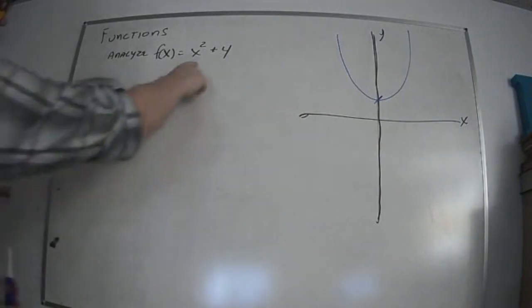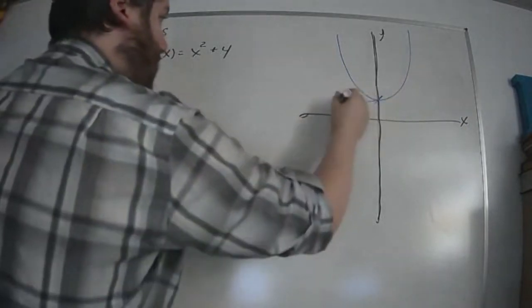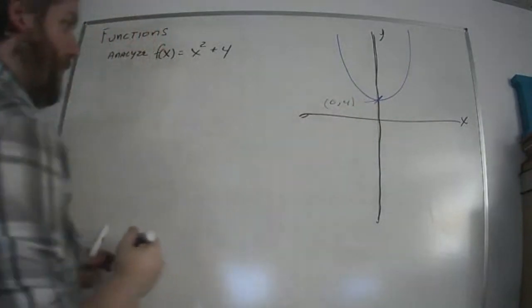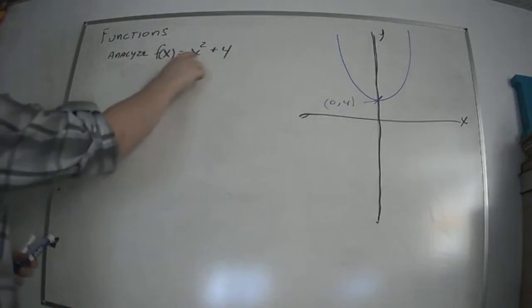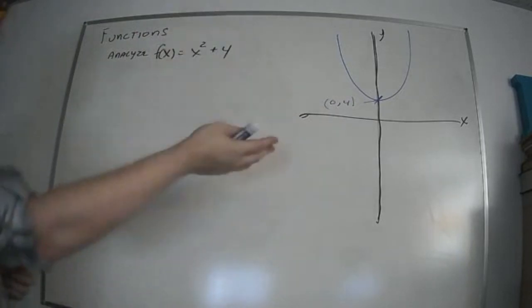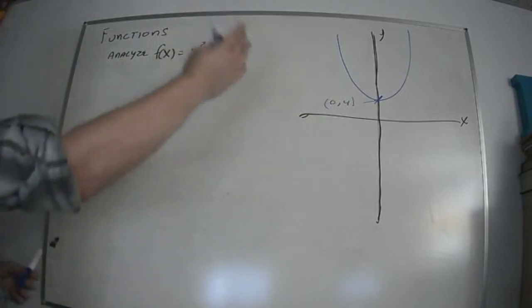That is to say, if I plug in 0, this is the point (0, 4). Because if I were to say x equals 0, I would have f of x equals 0 plus 4. And in this case, I have y equals f of x. All right, so this is what this function looks like.